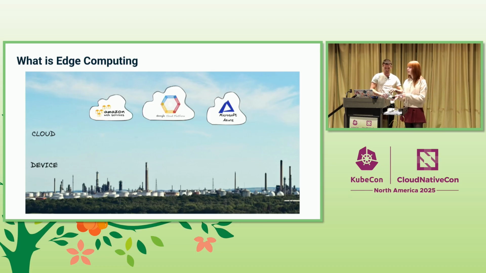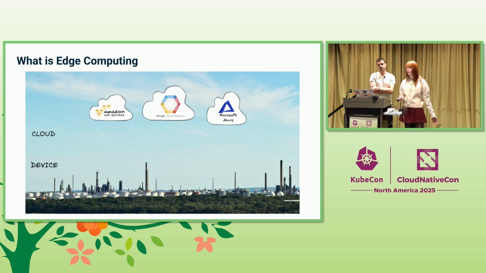We refer to these kinds of devices as IIoT devices, where IIoT is the industrial Internet of Things. So traditionally, all this data from these devices will then go up to be processed in the cloud. However, it can be quite slow to do this, can be expensive to do this. Sometimes it's also just straight up not possible to do this.